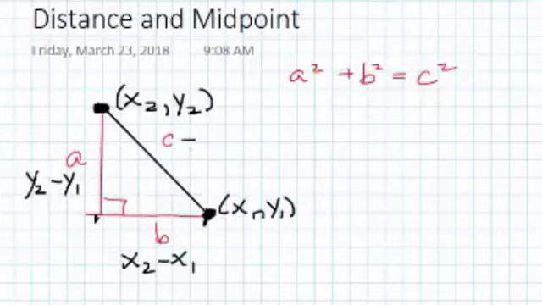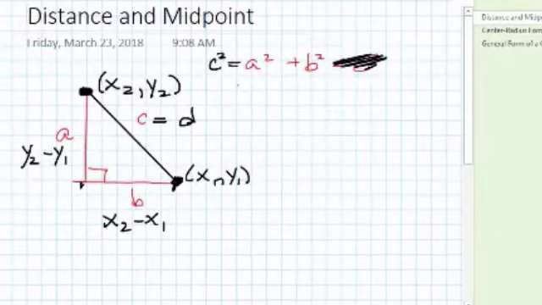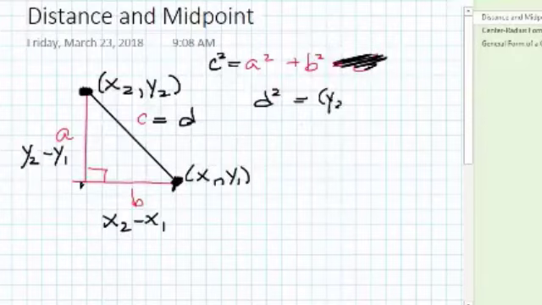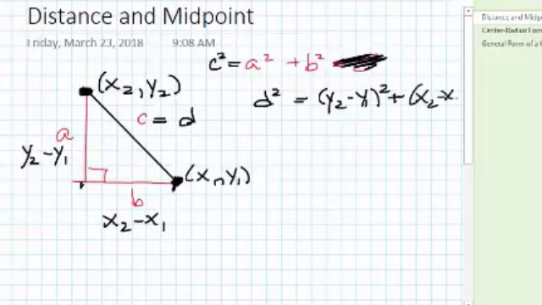And then C is the distance, which I'm going to call D, which we're looking for between the 2 points. I'm going to move this C squared over here, by the way. Instead of C squared equals A squared plus B squared, we can think of this as D squared equals, instead of A, we have y2 minus y1 being squared, plus, instead of B, we have x2 minus x1 being squared.